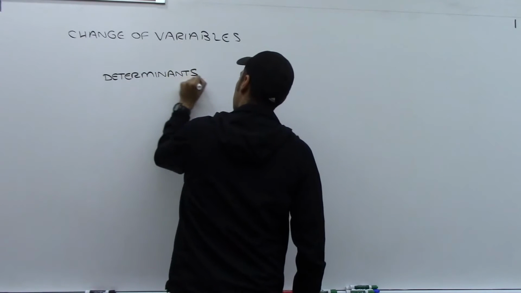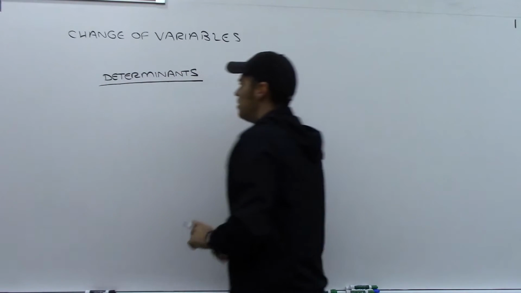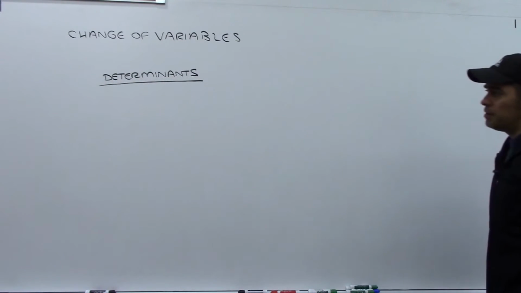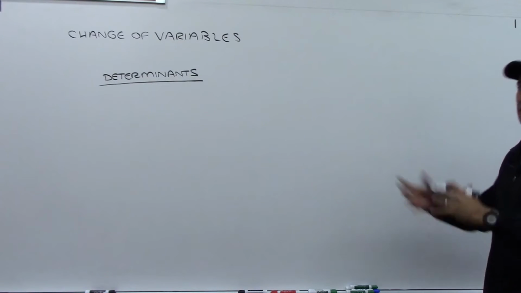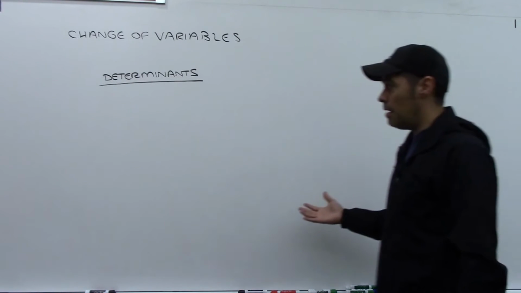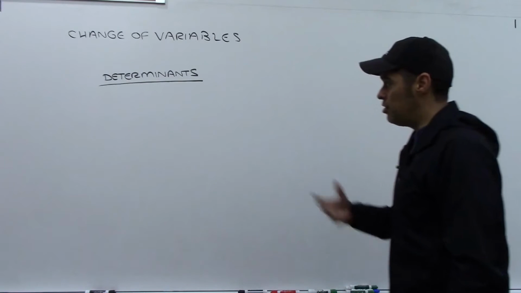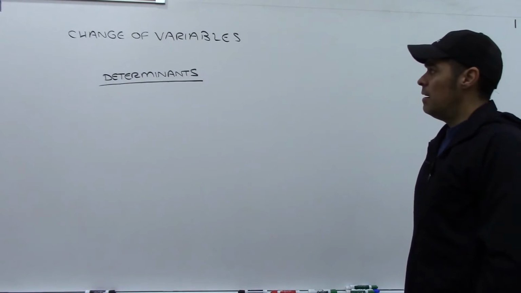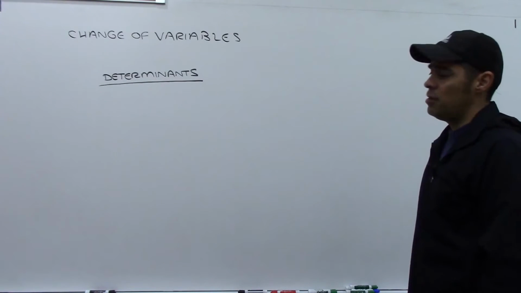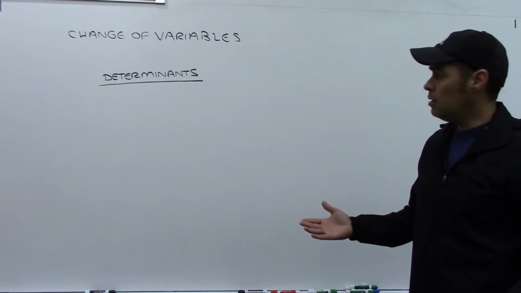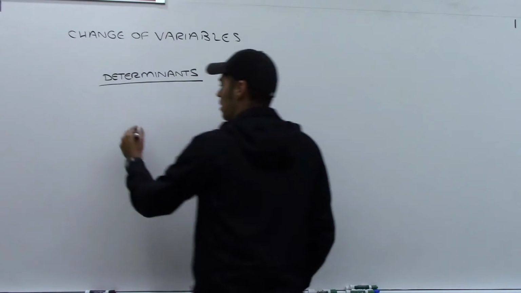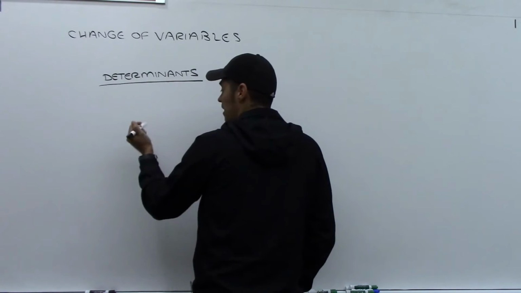Now determinants are a very general thing. A determinant can be used in many different applications in many different math courses, engineering courses, physics courses. But the computation for a determinant is pretty universal. So what we do is we start with a matrix, and we're going to look at two types here.